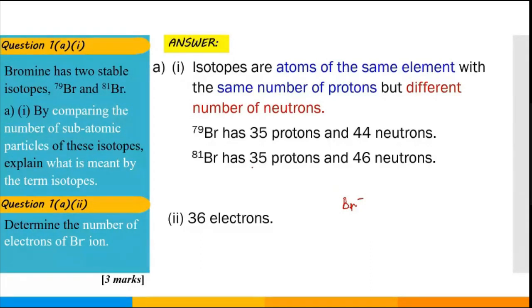The number of protons is 35 in neutral bromine. So in neutral bromine, 35 protons, 35 electrons.